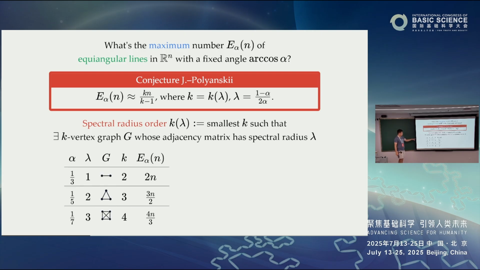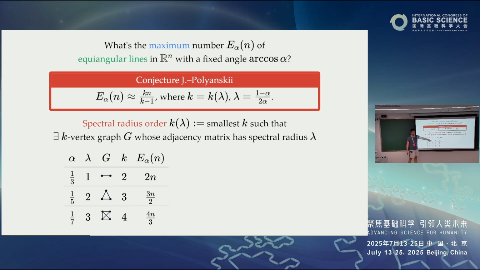In this table, I listed the typical values of alpha, 1 over 3, 1 over 5, and the one that was open, 1 over 7. You plug into that formula over there, which is a rational function that gives you lambda, and you get 1, 2, 3. And you look at the graph G, which consists of one single edge, and you calculate the spectral radius, it's equal to 1, and that's the smallest one.